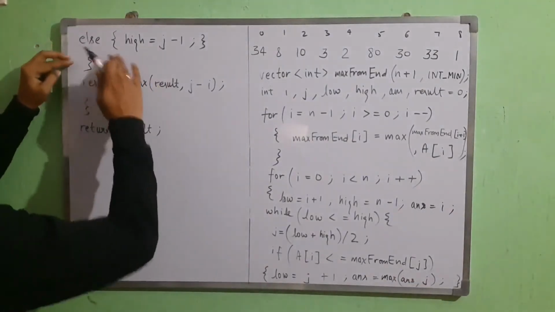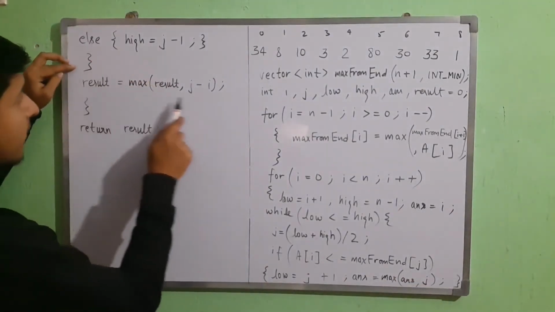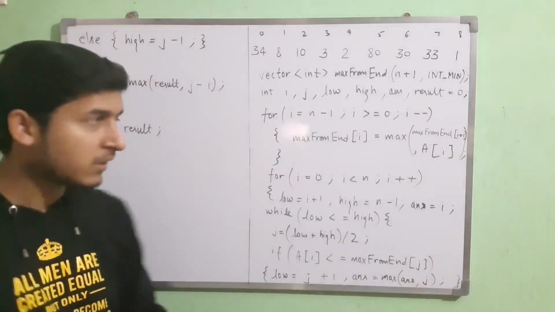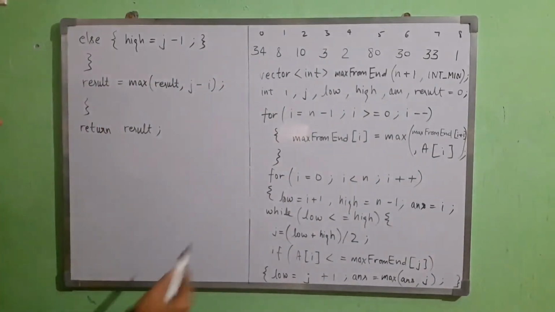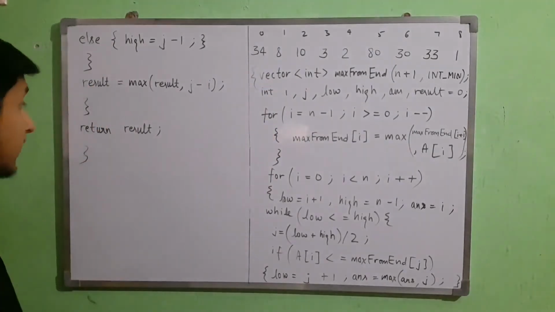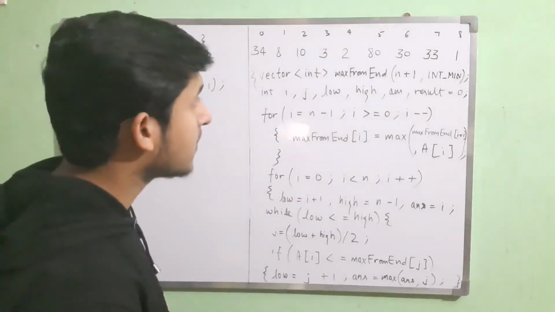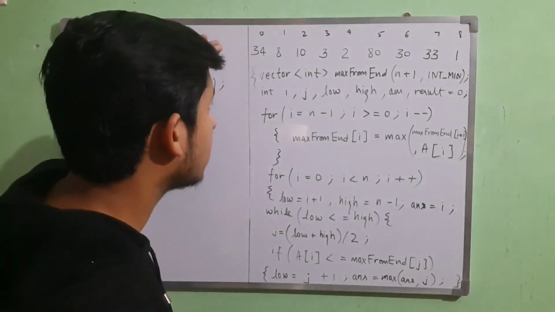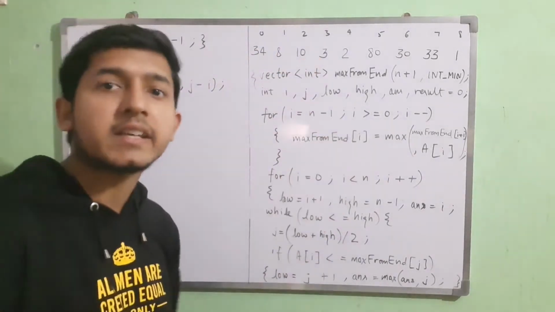So after all this, the result will be stored like this, j minus i, because that will be our answer, and then we'll return this, and I can just close this entire function that was passed with the array and the size of the array, which is n.